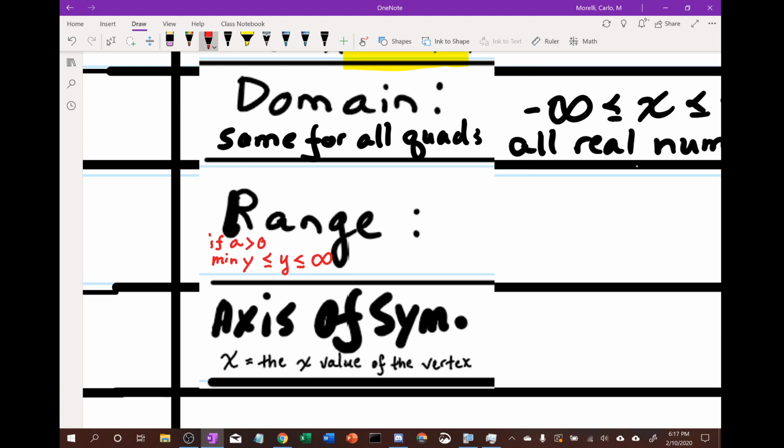We haven't seen one of these yet, but if a is less than 0, in other words, if this has a negative slope and the graph points down like this, you're going to have a maximum rather than a minimum. And so it would be negative infinity less than or equal to y less than or equal to the max y value. And so right now we're dealing with a is greater than 0, a is 1, right?